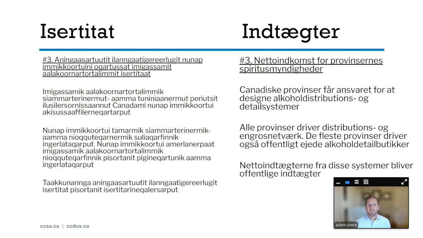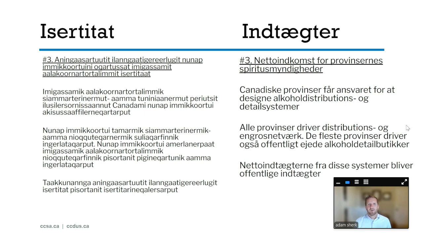Some provinces allow the retail stores to be private, either completely or as a component of the marketplace, where there are some publicly run stores and some privately run stores. Again, this differs by province, because there are different strategies to allow alcohol retail sales.